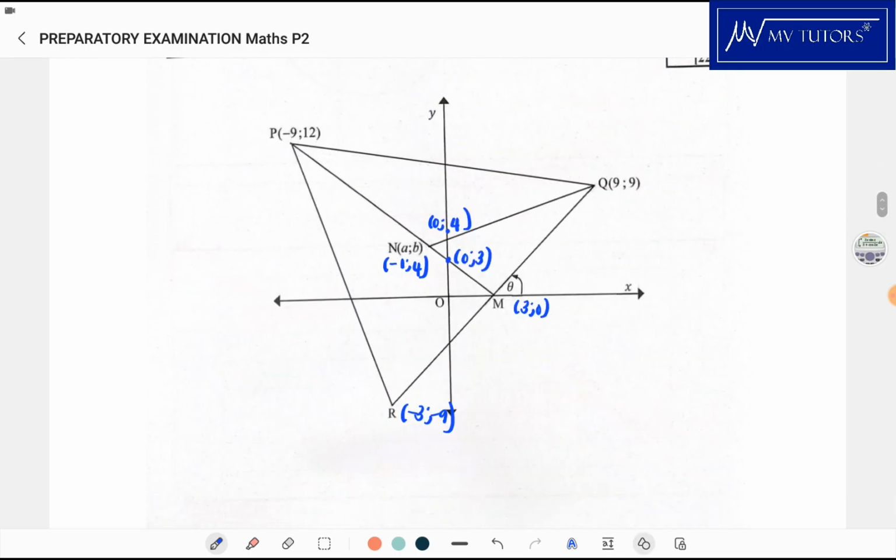Let me just highlight that. So we have QR, and we have a line passing through the y-intercept at 4. This line can either have a positive gradient or a negative gradient. If it has a positive gradient, it might look something like this. Let's see.